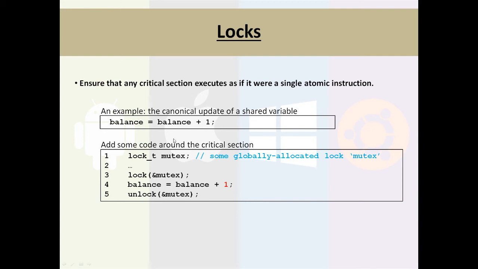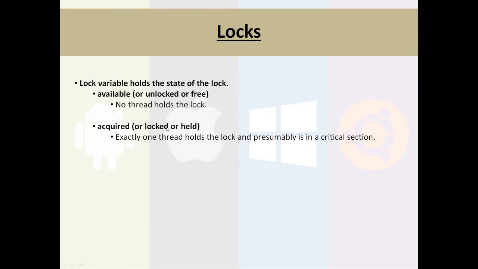Hypothetically, say we wanted to update this balance variable by saying balance plus 1. Say this was a shared variable, and we wanted to make sure that it can only be accessed specifically as an atomic instruction. How we do that is, well, we create a lock variable.